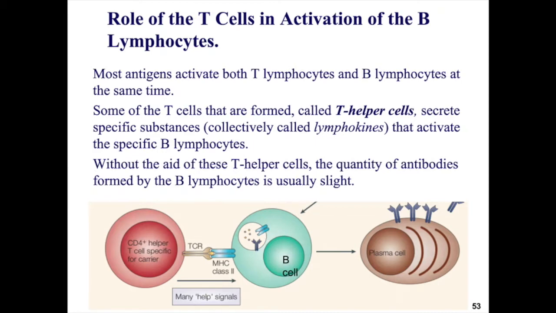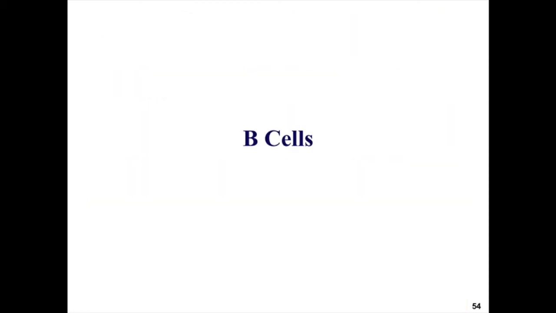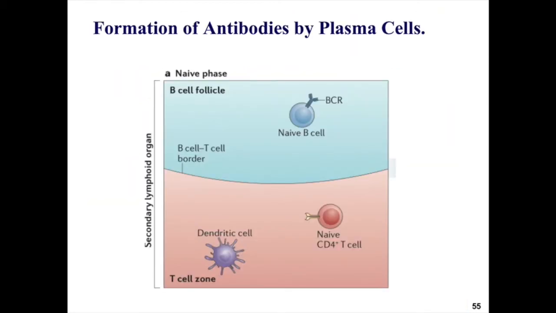Let's go over each of those, the B cells and the T cells. So the B cells, when they never saw an antigen, we have what we call naive B cells. So these naive B cells will be, out of genetic variability, specific for certain antigens.